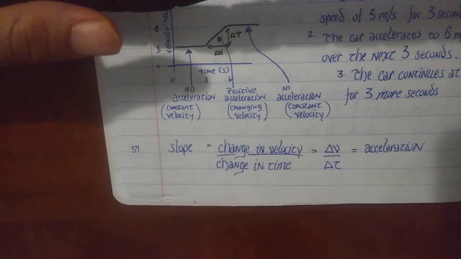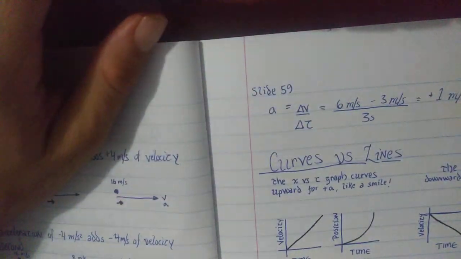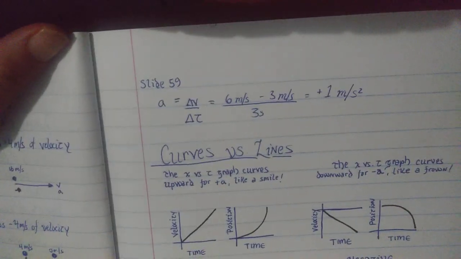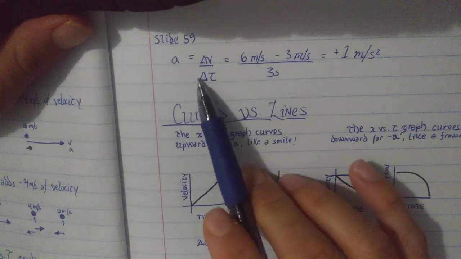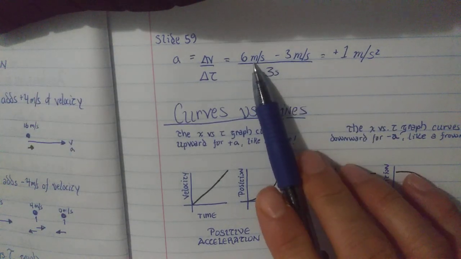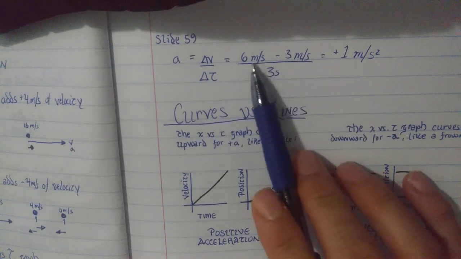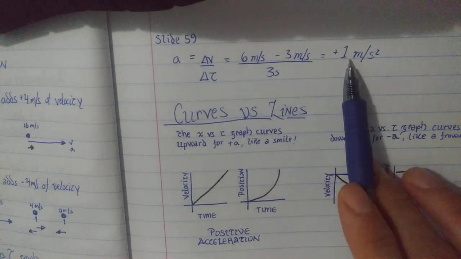Because it's the rate of change of velocity. And then the last part of the notes, we've got the formula. Here we're getting the slope of this line. 6 meters per second minus 3 meters per second. So that's the final minus the initial over how many seconds it took to do that. That's the acceleration.